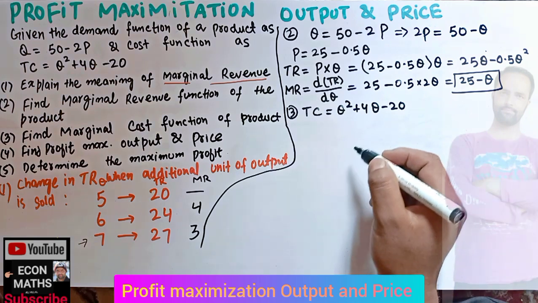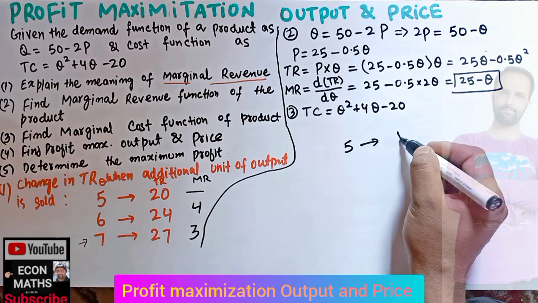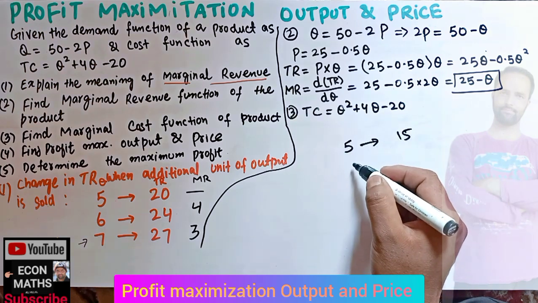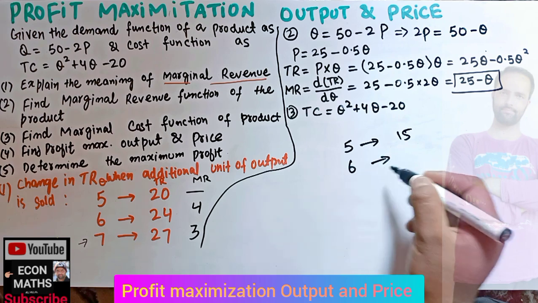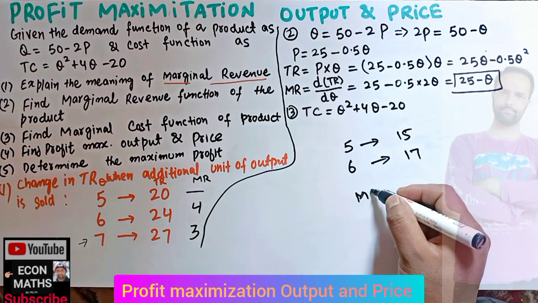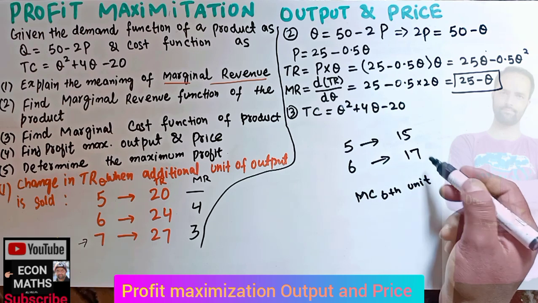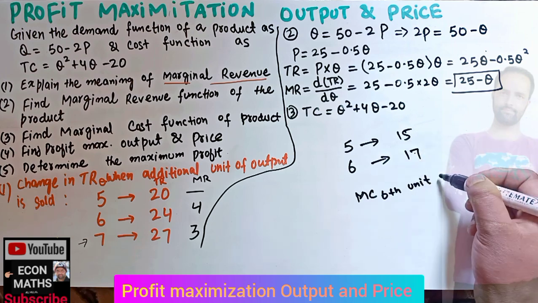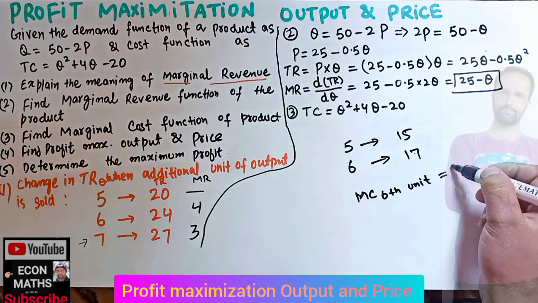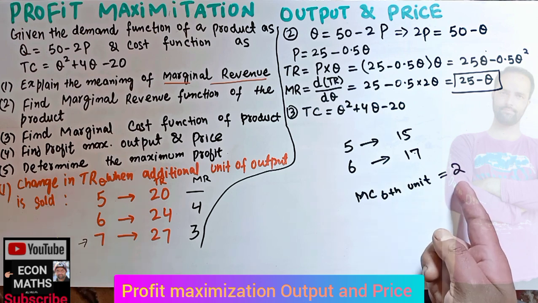Let us say if we are producing 5 units and it costs us $15. If we are producing 6 units, let us say it costs us $17, then the marginal cost of the 6th unit will be equal to 17 minus 15. That means 2. That means the marginal cost for the 6th unit is 2.